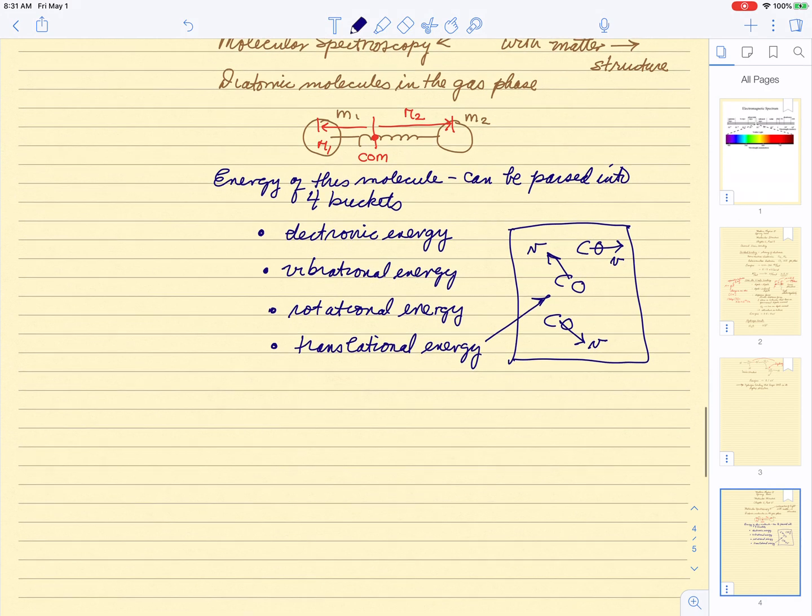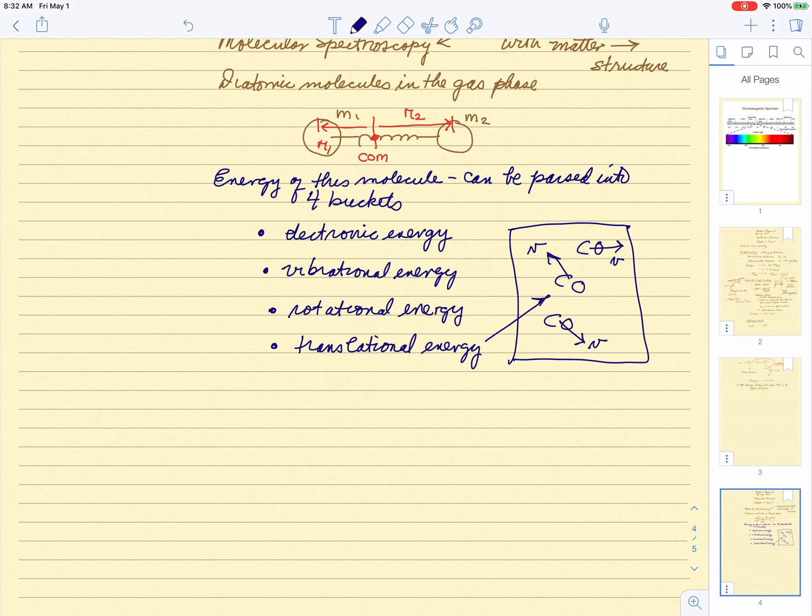And so we're going to focus on these in turn, and take a look at these energies. We're going to see how they scale. They're going to have associated quantum numbers to them, and so we'll look at them one at a time. I should point out, though, that there's a lot of interaction between these buckets of energy.